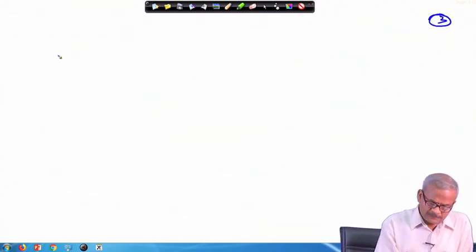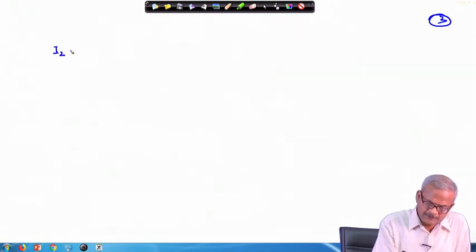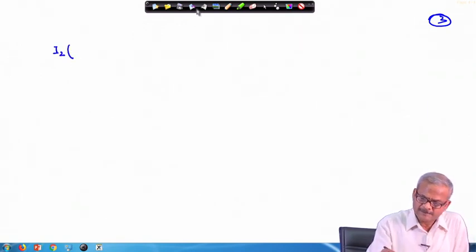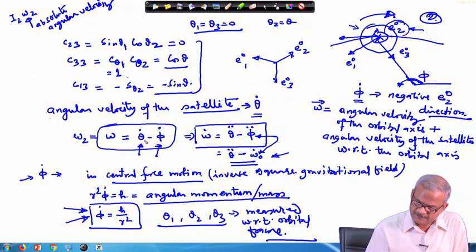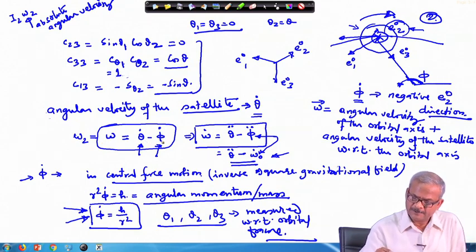We have I 2 times omega 2, for which we pick up theta dot minus phi dot from this place.